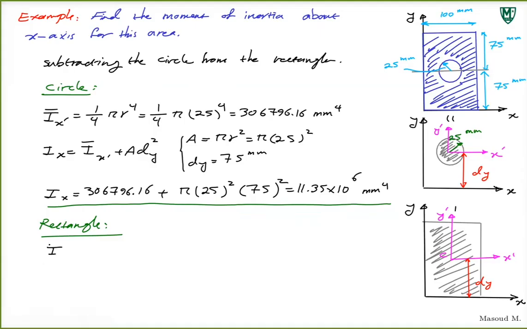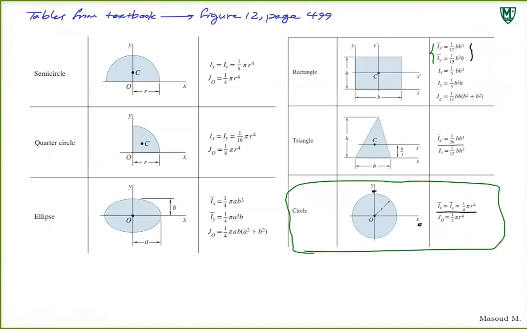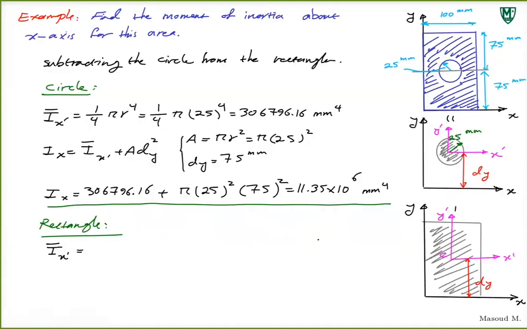So you have I bar x prime. We know from the table, I bar x prime is 1 over 12 b h cubed. So 1 over 12 b h cubed will be 1 over 12, b, the width, is 100 millimeters, h for this table is 150 millimeters.